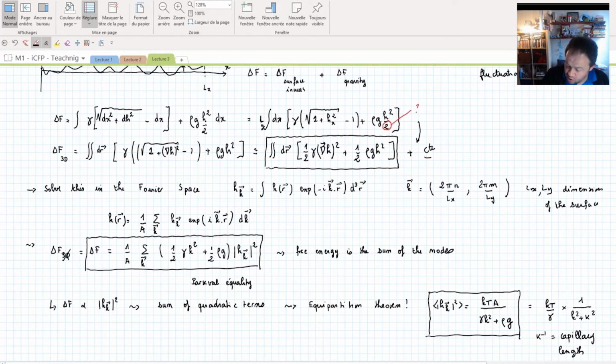So which tells that the amplitude of the modes depends on k. Which is a little bit obvious. But here we can calculate the amplitude.